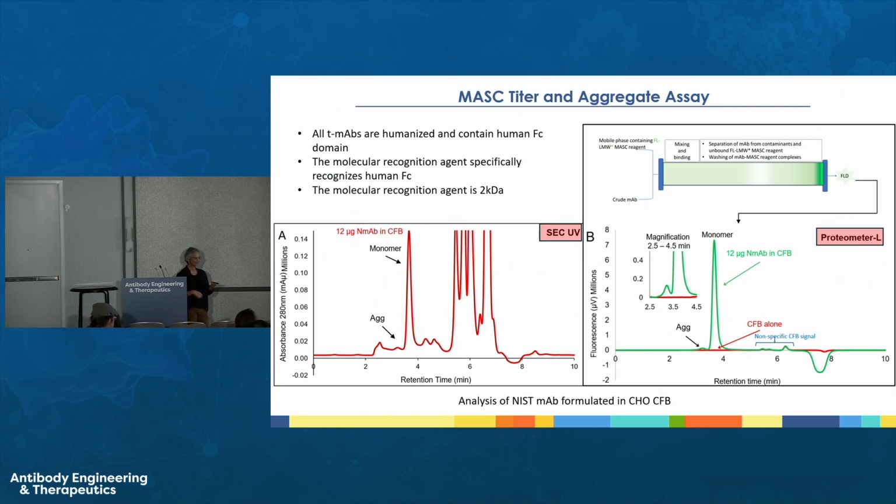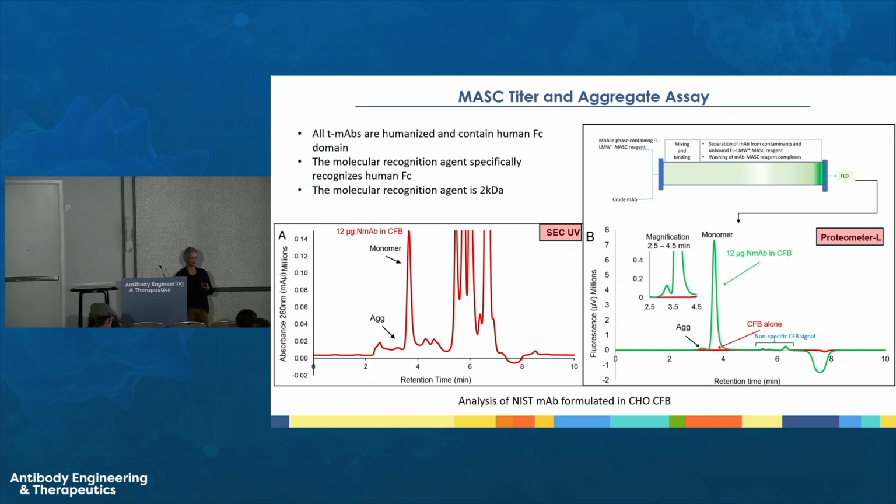On the left-hand side is what you get if you take crude fermentation broth and just do SEC with UV detection, which is the traditional way. You get a very complicated chromatogram. You can't really get any estimation of the aggregate content from it, because how do you know where to draw the line?